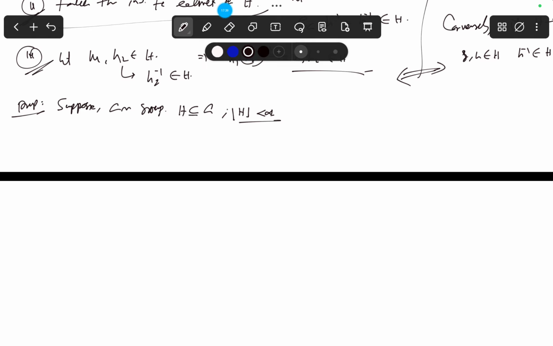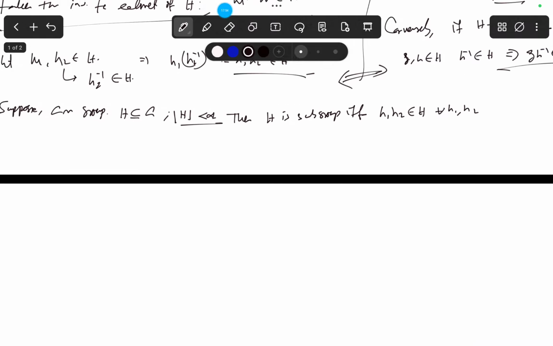Then H is a subgroup if and only if h1, h2 is in capital H for all h1, h2 in H.